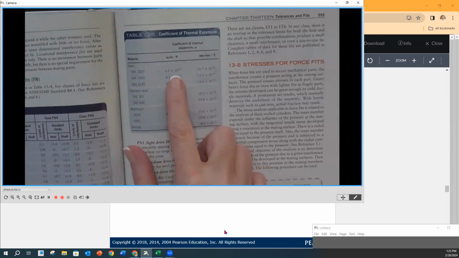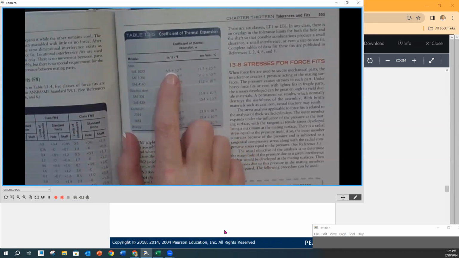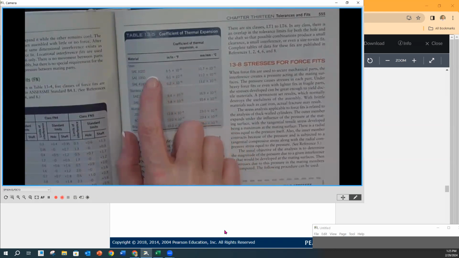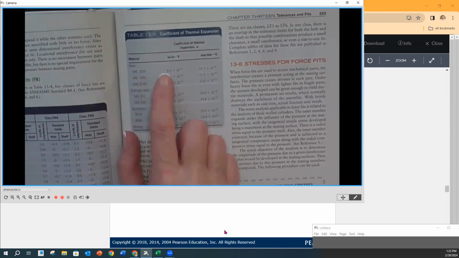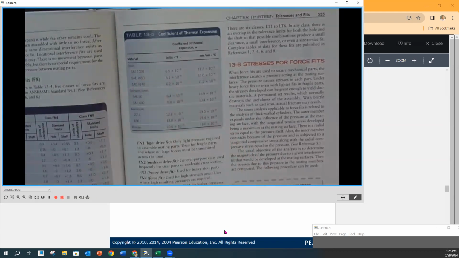This is 6.5 times 10 to the -6. So from my decimal place, I'm moving 1, 2, 3, 4, 5, 6. So in front of here, there's 5 zeros. It's not moving much per degree Fahrenheit. So for 1 degree Fahrenheit that I warm that up, it's going to move 0.0000065 inches for every inch.